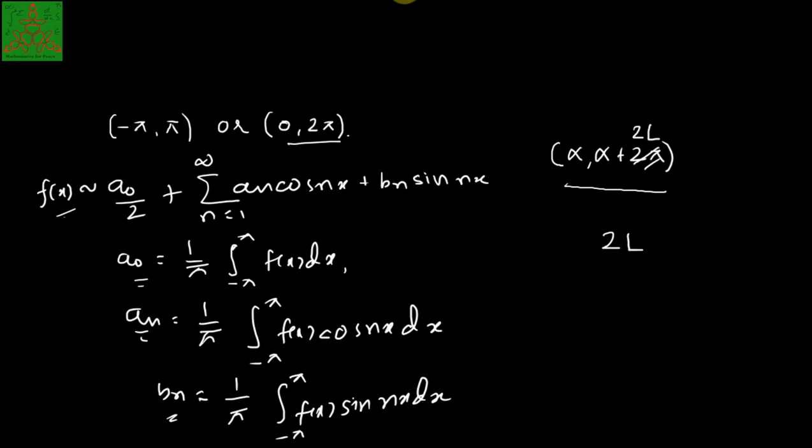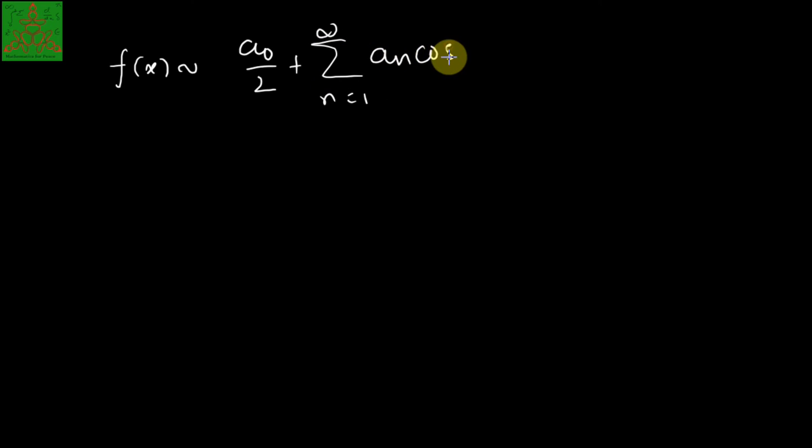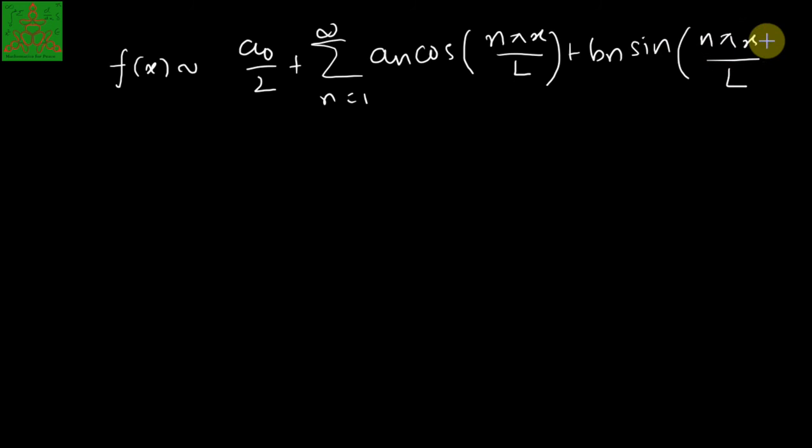The Fourier series for a 2l periodic function is represented in this manner: f of x is equal to a0 by 2 plus summation n running from 1 to infinity of an cos n pi x upon l plus bn sin n pi x upon l, where your function f is an integrable function in the interval alpha to alpha plus 2l.